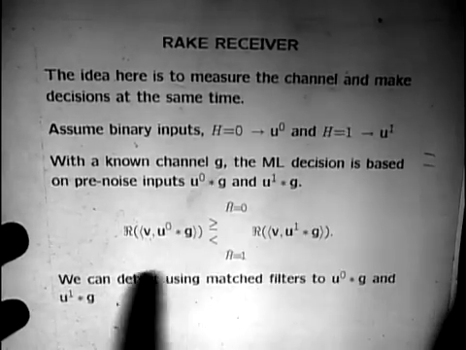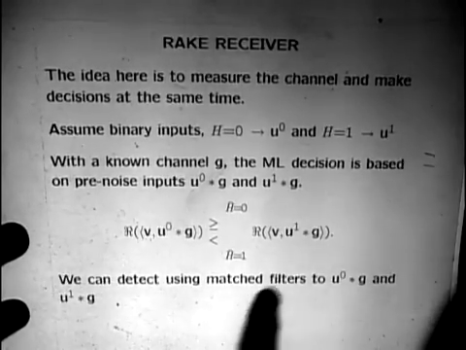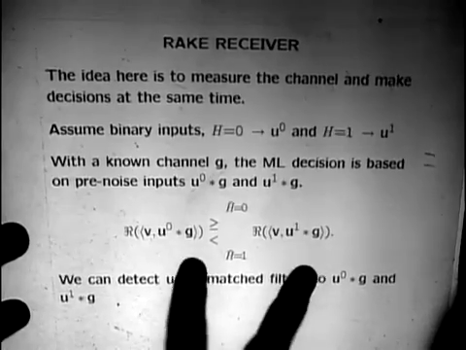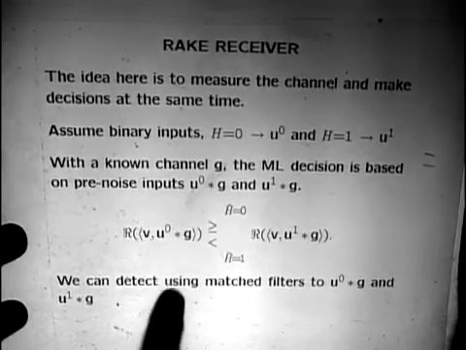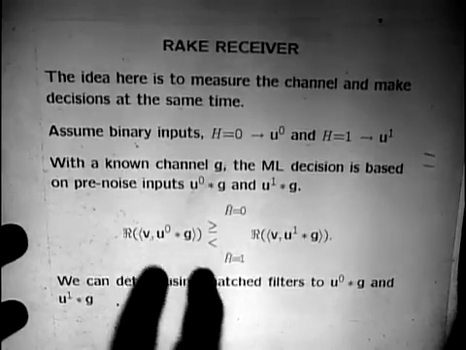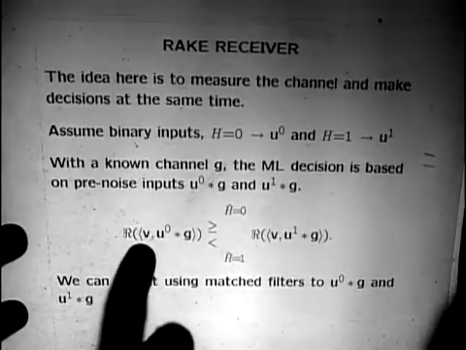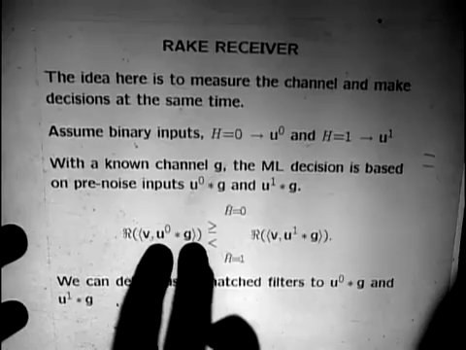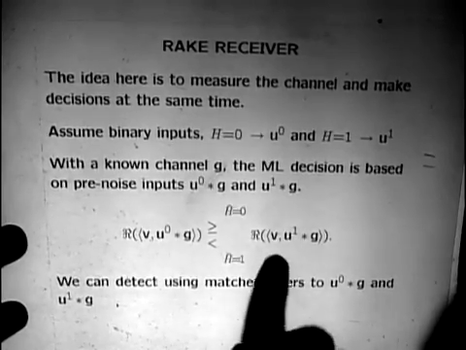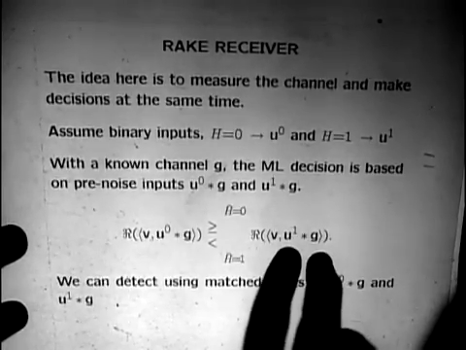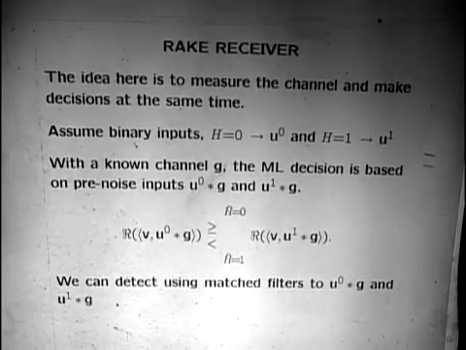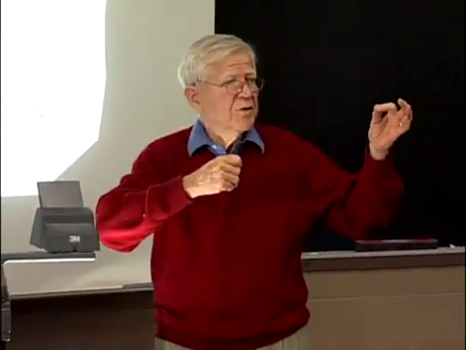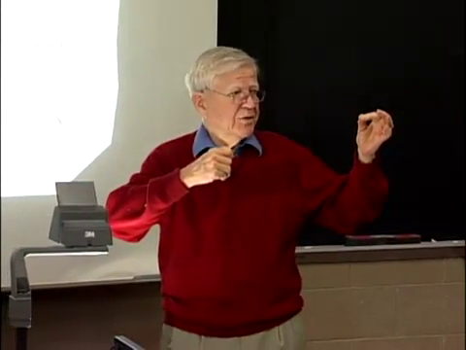When you go through all of that, you find that the maximum likelihood decision is to take the real part of the inner product of the output with U0 convolved with G, and the real part of V with U1 convolved with G. In other words, as far as anybody is concerned, we're not using U0 and U1 directly in making a decision.